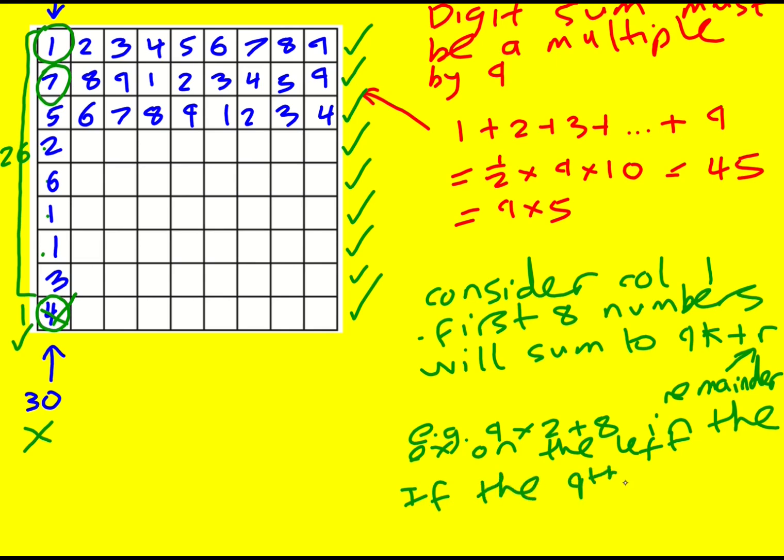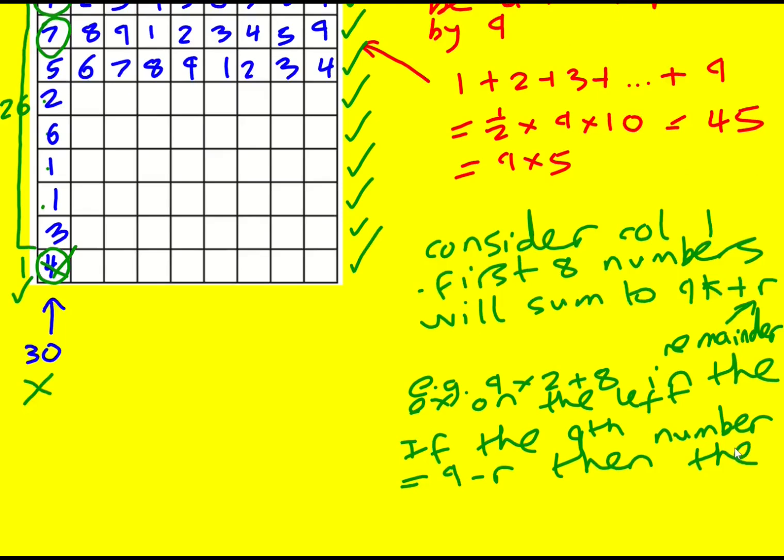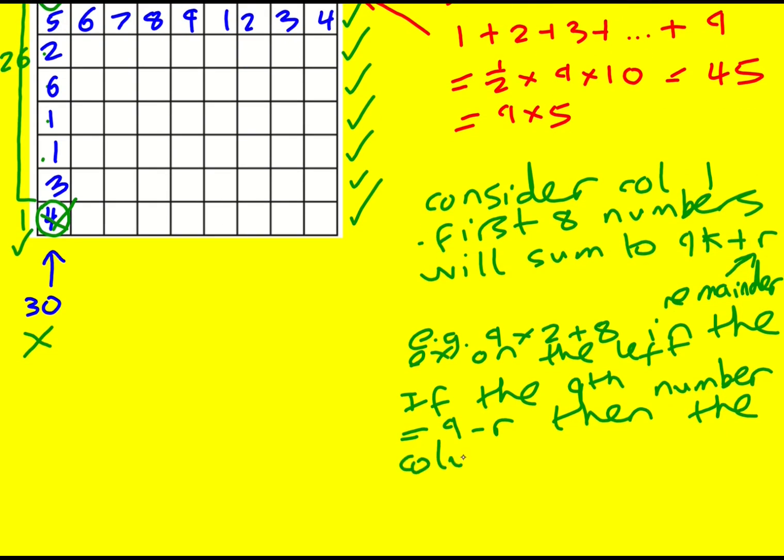If the 9th number equals 9 minus the remainder, then the column will be divisible by 9. If not, then it won't.